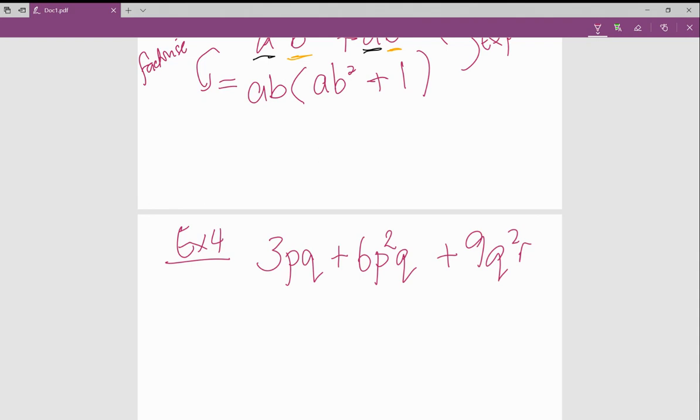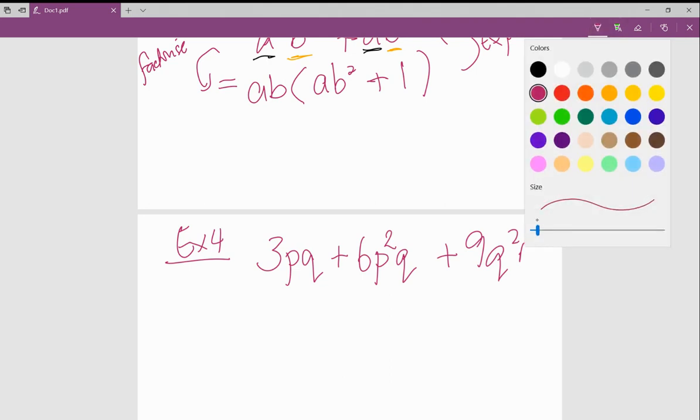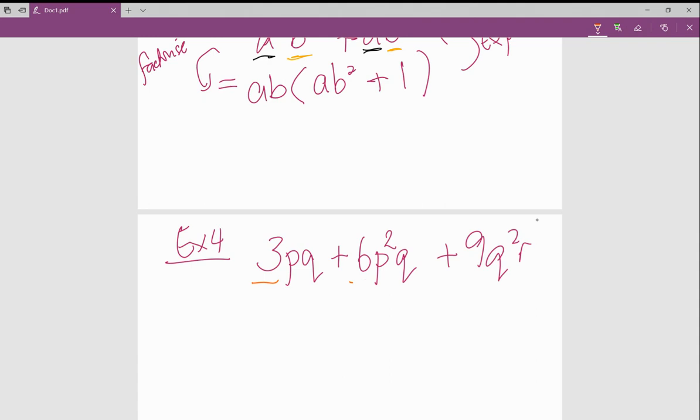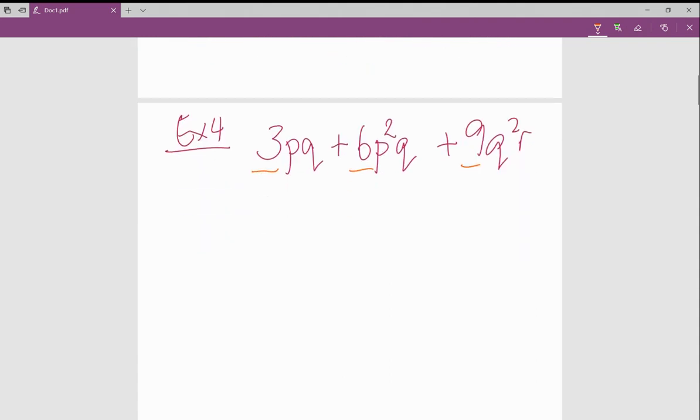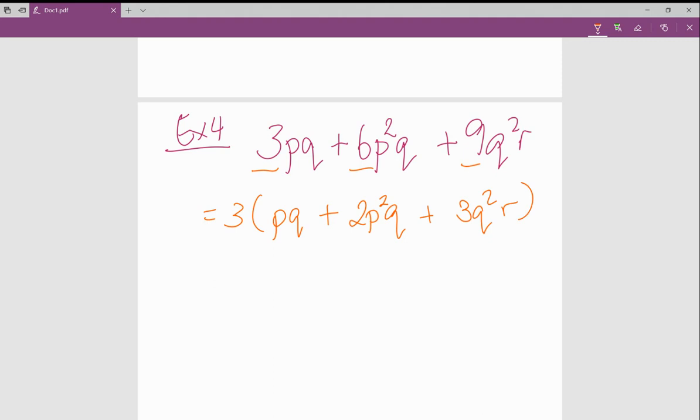So the first thing you should do is ask what are the common things that you can bring out? Look at the numbers first, 3, 6, and 9. They're all multiples of 3. So you can bring 3 out, and then you have pq plus 2p squared q plus 3q squared r.